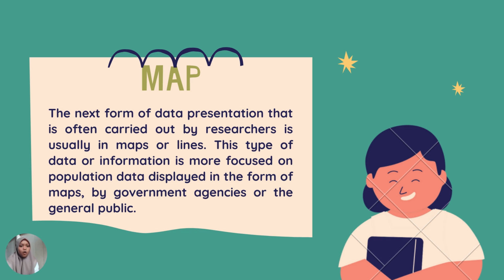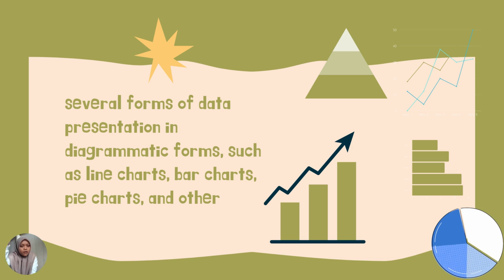This type of data or information is more focused on population data displayed in the form of maps by government agencies or the general public. Several forms of data presentation in diagrammatic forms are line chart, bar chart, pie chart, and others.